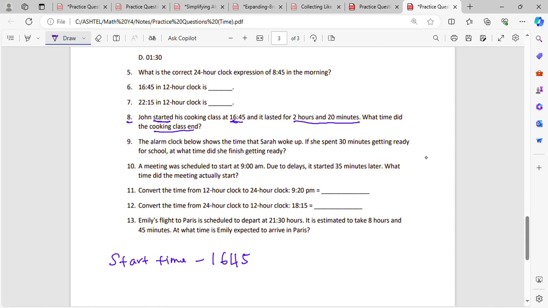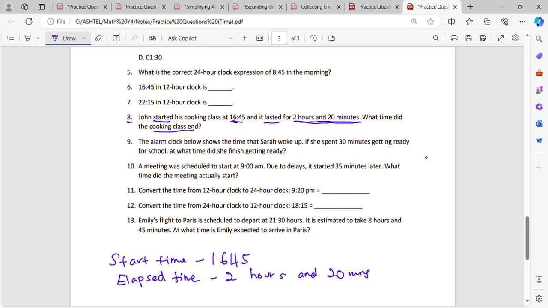Then it says it lasted for 2 hours and 20 minutes. Lasted means it's the elapsed time: 2 hours and 20 minutes.